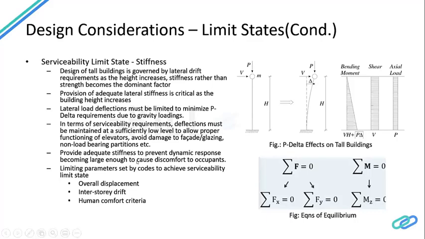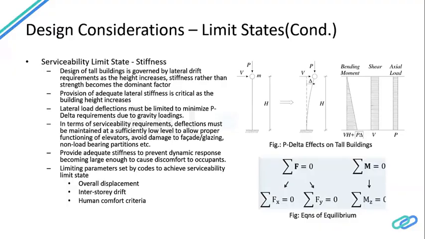The other reason is also it causes discomfort to occupants. Now, just suppose there is a 300-meter tall building. You have a family renting the flat at the topmost level. If there is too much deflection, now when I say too much deflection, this may not be visible to the naked eye, but to a person who's staying at the top of a building, he can feel this movement of the building.